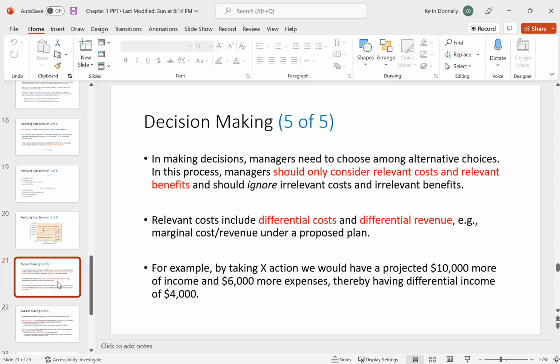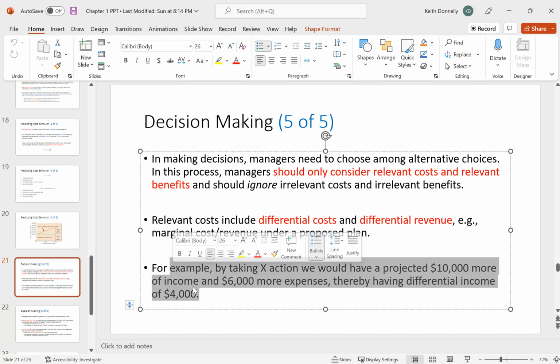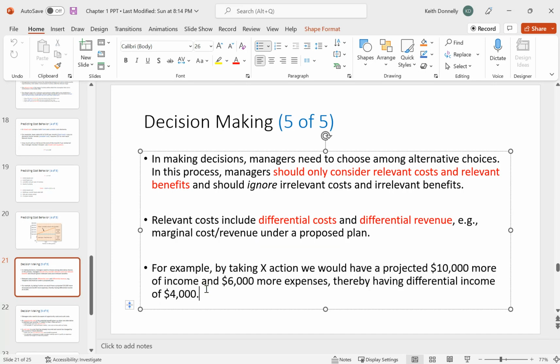In this case, our differential income would just be the difference between the two, $4,000. That's a relevant cost and relevant thing we should consider when we make this decision to have a new product.